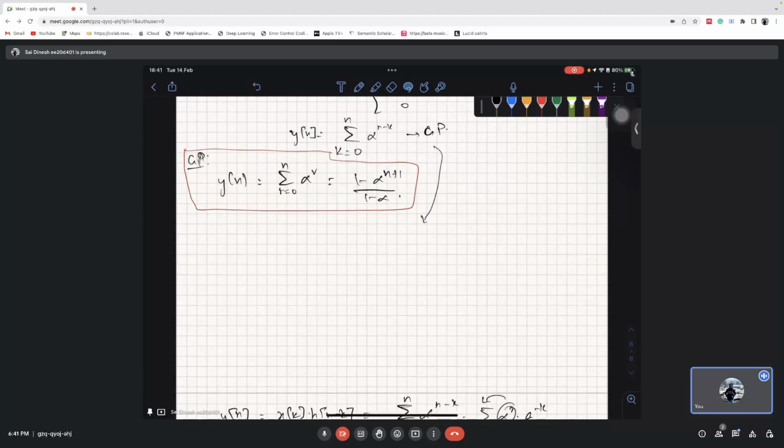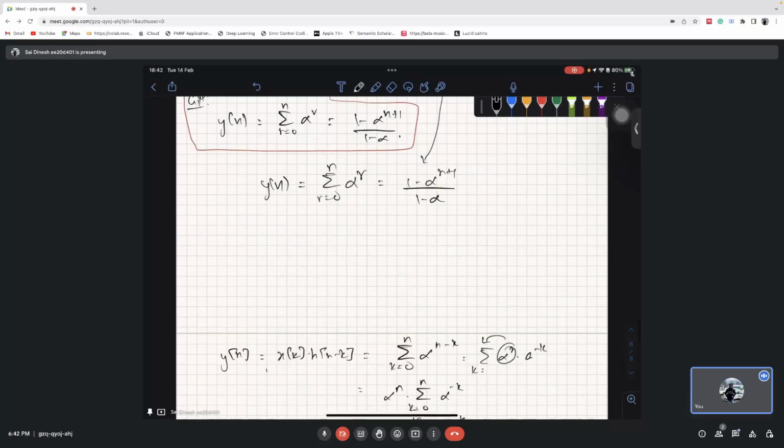So for this, k equal to 0 to n, what we have is y of n is equal to the sum over r equal to 0 to n of alpha power r, which is 1 minus alpha power n plus 1 by 1 minus alpha. But what we have next is region 3, where n is greater than 4 but less than or equal to 6.